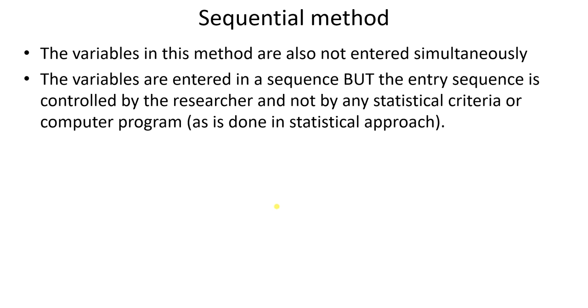Now come to the sequential method. It is also called hierarchical regression equation or sequential multiple regression equations. The variables in this method are also not entered simultaneously. The variables are entered in a sequence, but the entry sequence is not machine driven, not driven by any statistical criteria or mechanical reasoning.